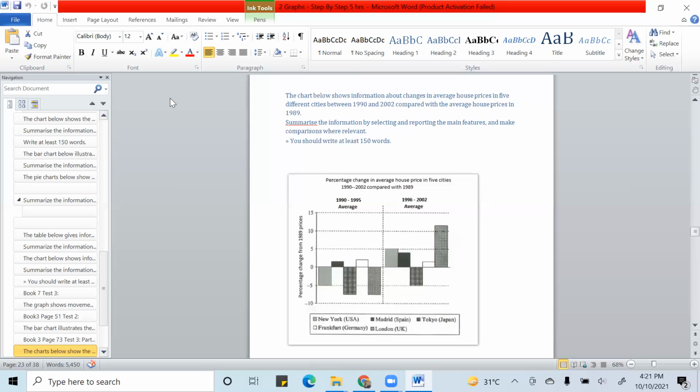So you can tell me now. The chart below illustrates a comparative analysis between the average house prices in 5 different cities between 1990 and 2002 in comparison with house prices in the year 1989.